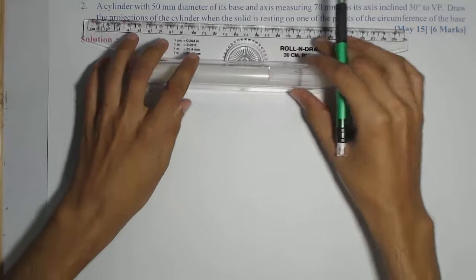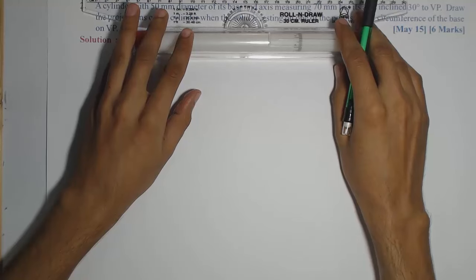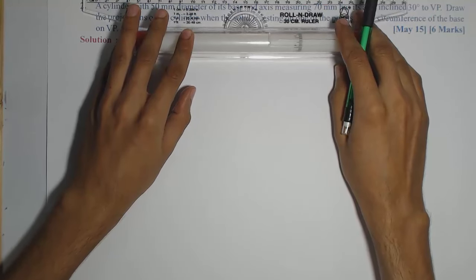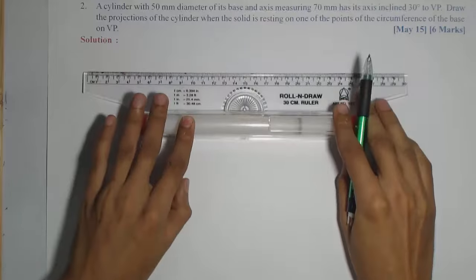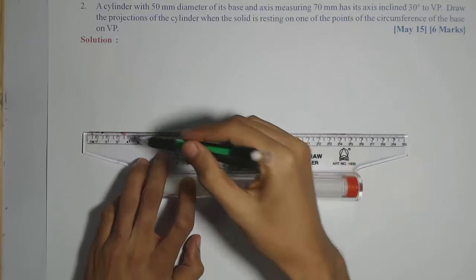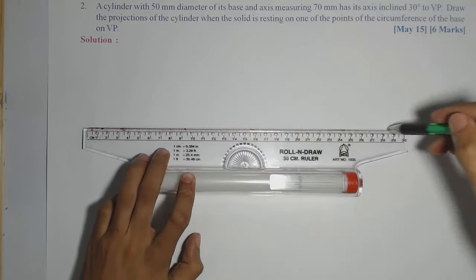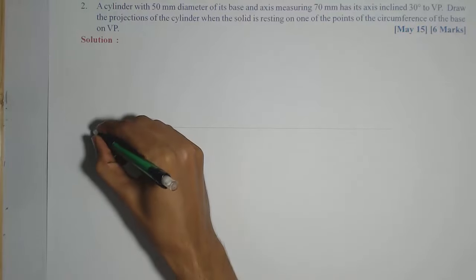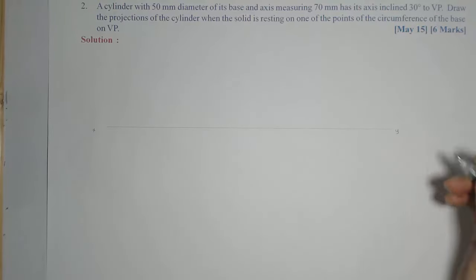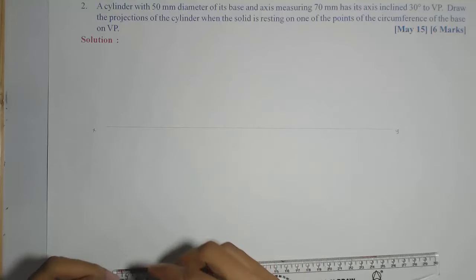So we'll start with the base of the cylinder above the XY line. And we need more space below XY compared to above XY. So after marking the XY reference line, we need to draw the circle of 50 mm diameter.